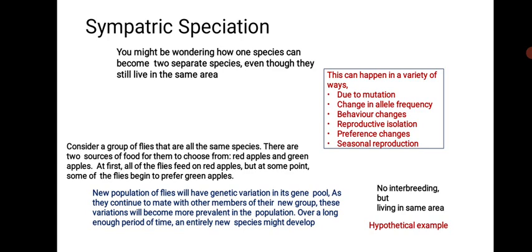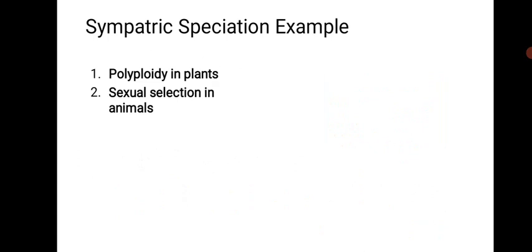This variation will become more prevalent in the population over a long enough period of time. An entirely new species might develop. In sympatric speciation, there is no interbreeding but living in the same area. This is a hypothetical example.